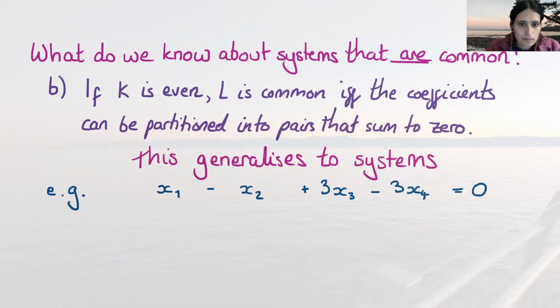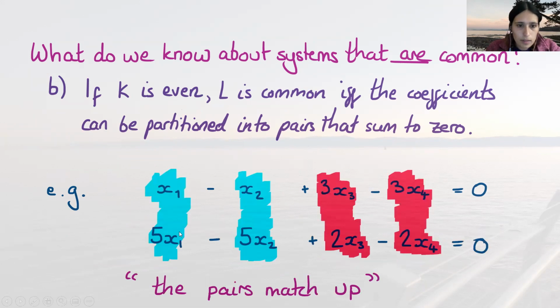Now, this second part of the theorem, which says if k is even, L is common if and only if the coefficients can be partitioned into pairs that sum to 0. Actually, you can generalize this idea. So if you have a system where over the whole system, your pairs match up.